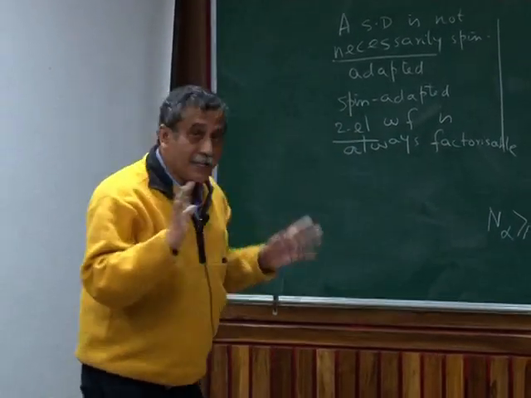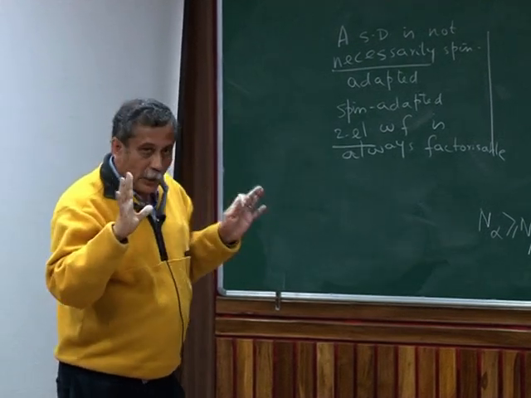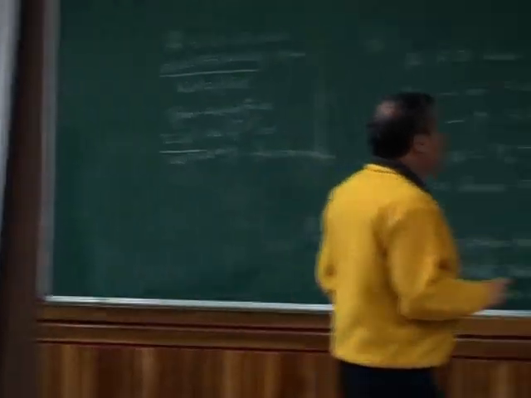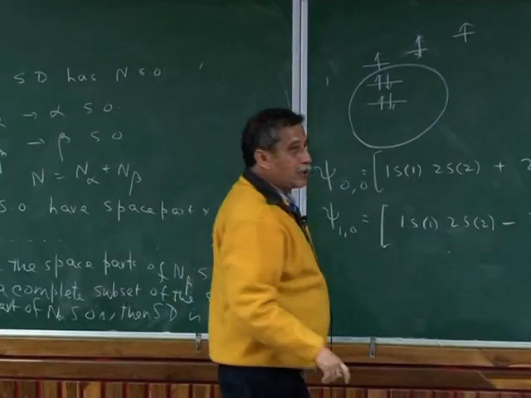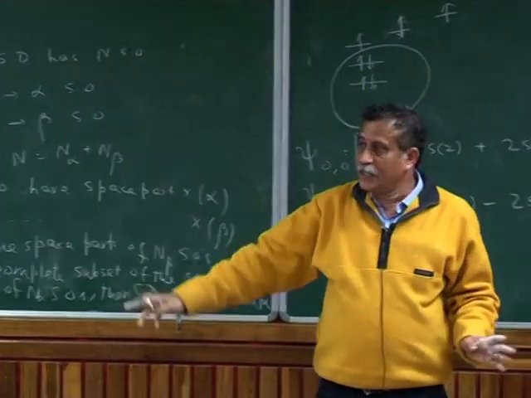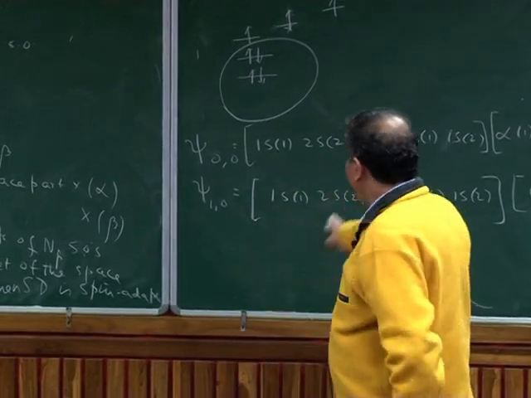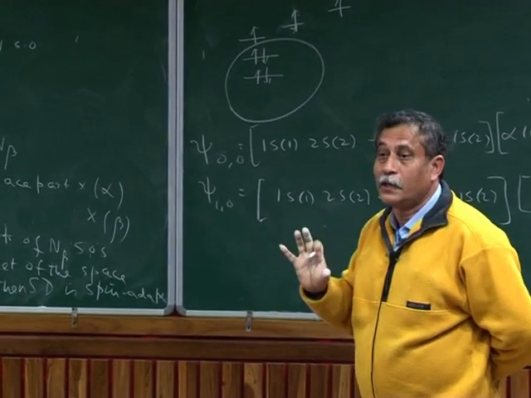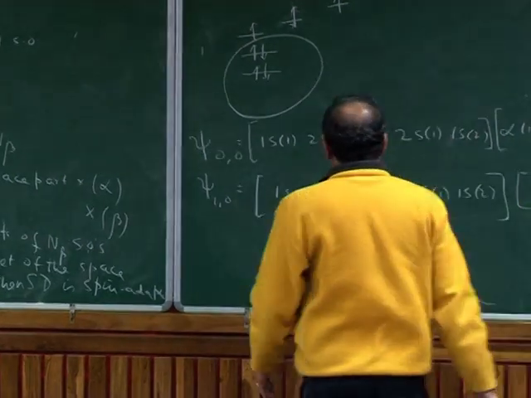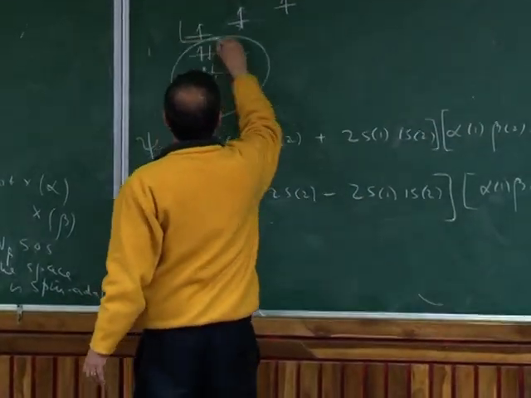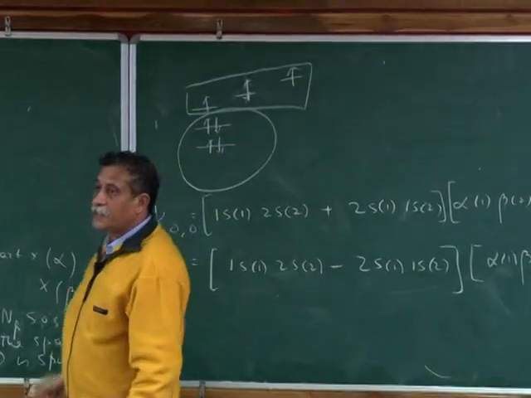So a very simple way to do this is the following: if you can identify a doubly occupied core, that's another way of stating this theorem. In a single determinant, if you can identify a doubly occupied core, that means a set of orbitals which are doubly occupied, then the rest of the electrons must have parallel spin.